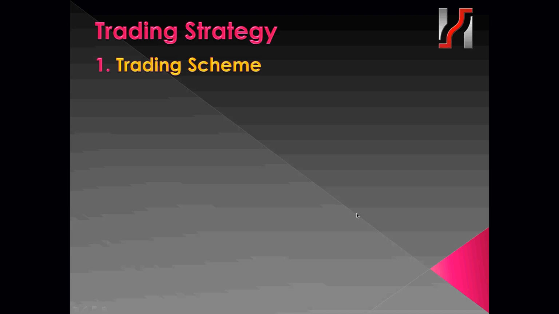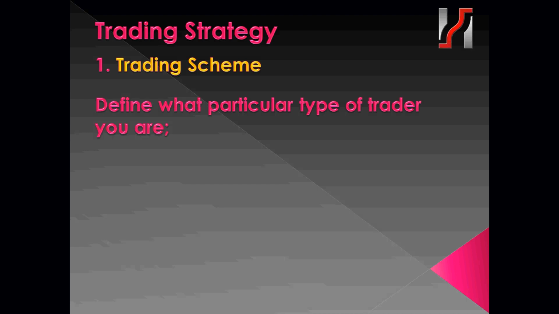So when we talk about trading schemes, what I'm trying to say here is you have to define what particular trader you are. The way you plan your trades, the way you execute your daily trades, should be in accordance to whatever type of trader you are.